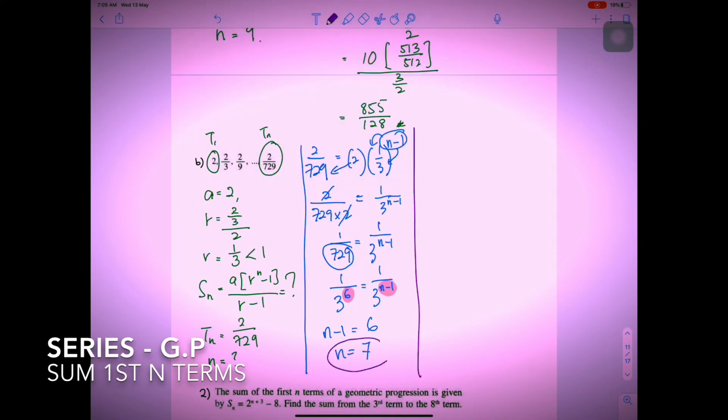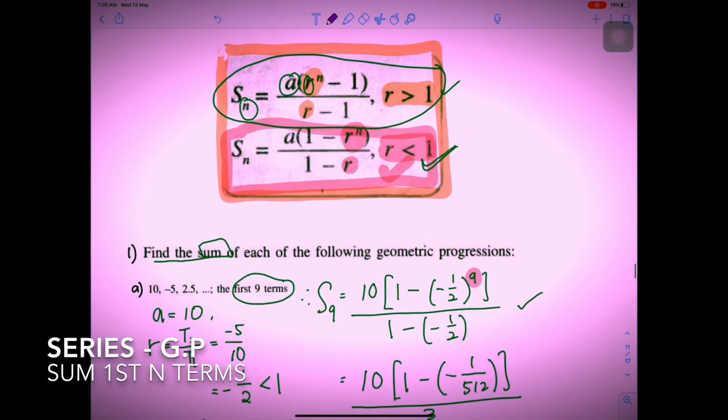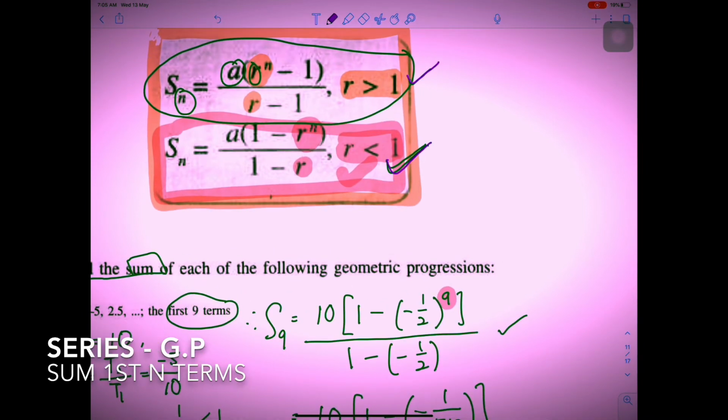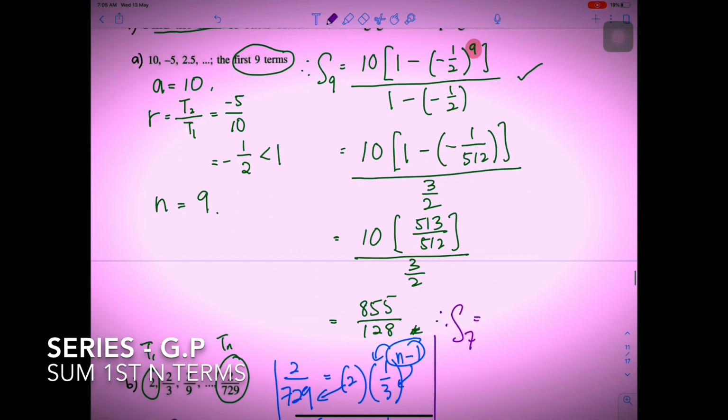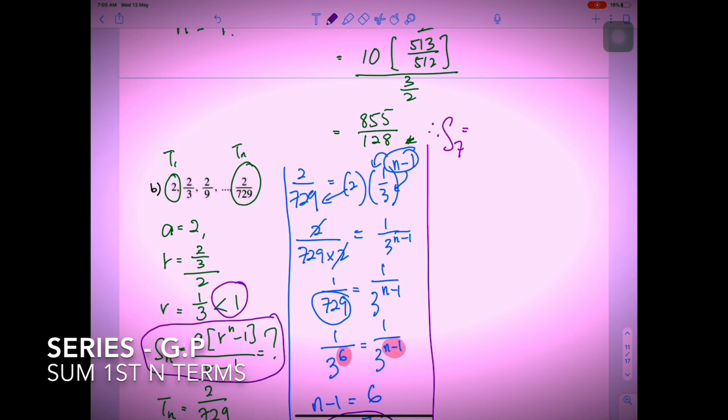After we get the value of n equals 7, therefore S7 equals, we use the first formula. We are not using the formula for r less than 1, because we want to see whether we can use both formulas, or just follow the regulation.